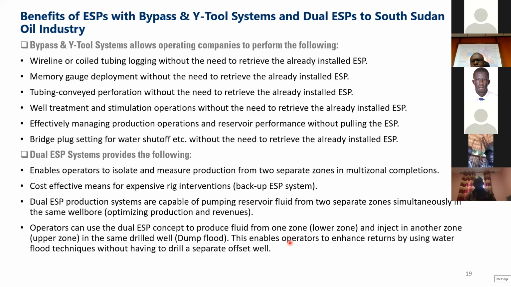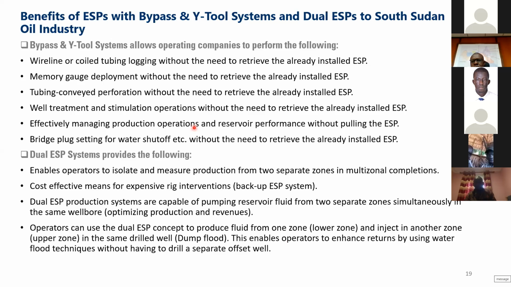We start with the bypass and the Y tool system. It allows operating companies to perform the following activities. You can run a wireline or coil tubing without the need to retrieve the already installed ESP, for example the memory deployment gauge. You can do perforation at the lower zone without needing to retrieve the ESP.